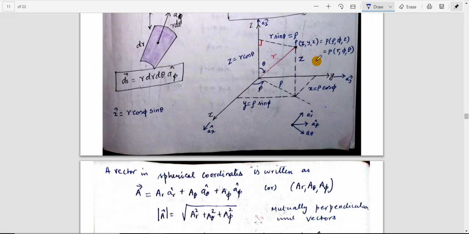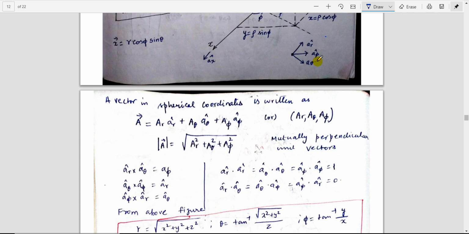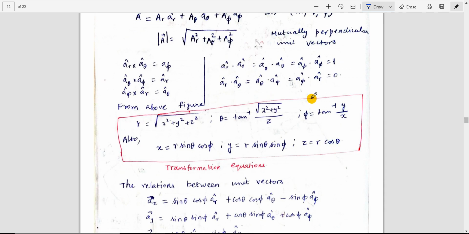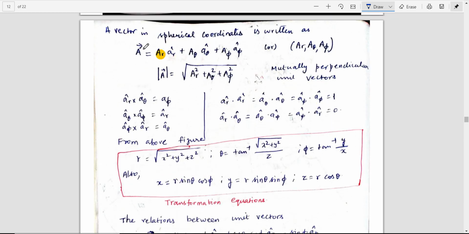Depending upon the components only, you are going to understand what is going on inside those things. That's why I have drawn the unit vectors, that is the base unit vectors, in the downside of this diagram, just for clarity.